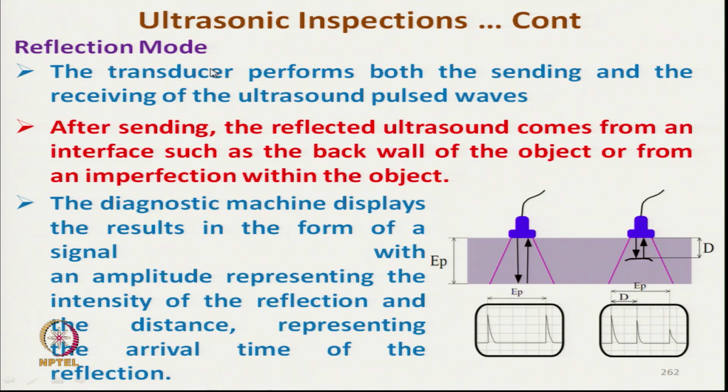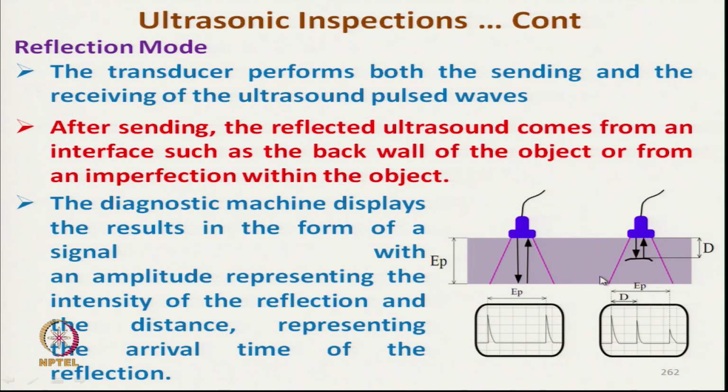In reflection mode, if we see here, this is a composite material, this portion is without any damage, here damage is present. This is the ultrasound generator and the wave is transmitted through the uniform composite and from the other surface it is getting reflected. So, we get the peaks at a certain distance, after every receipt of the reflected ray.